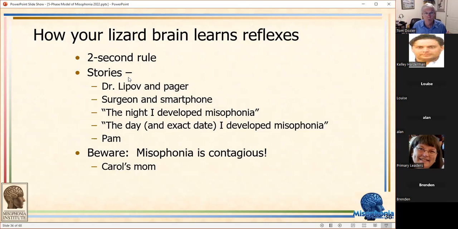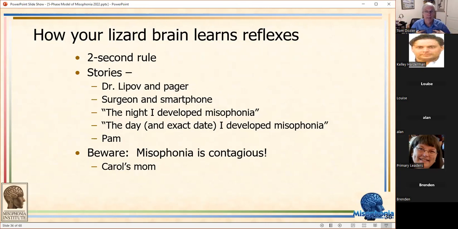And the 2-second rule for the lizard brain is that whatever your lizard brain sees you doing in the first 2 seconds after a trigger is what it will do automatically for you. So when her lizard brain noticed chicken squawking, breathing stops, chicken squawking, breathing stops, you do that 5 or 10 times, lizard brain goes, oh, I can do that for you.